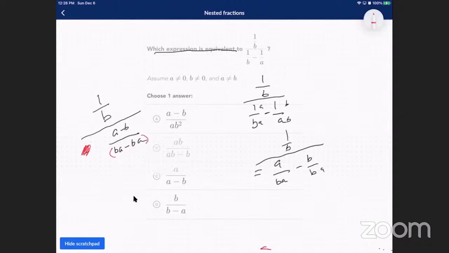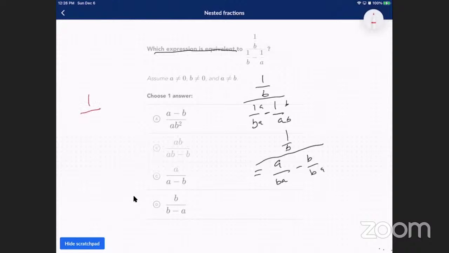Yeah, we could maybe cancel out the b and cancel out the a, right? And then just end up with 1 over b. No, that won't work.